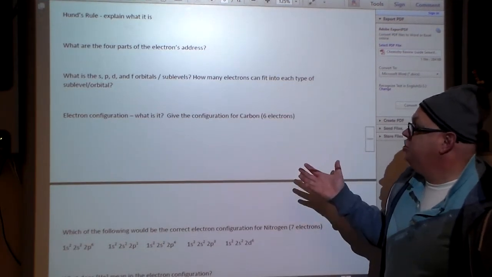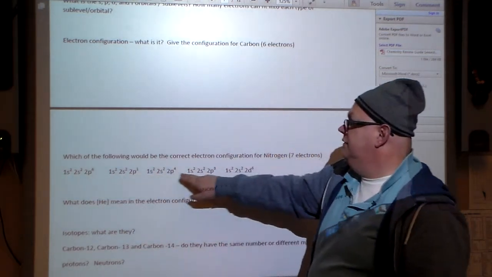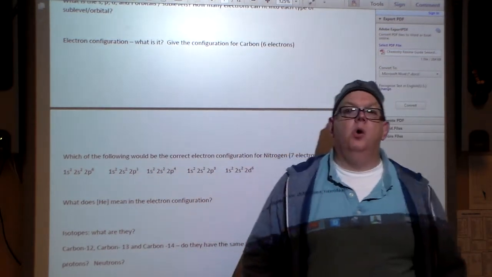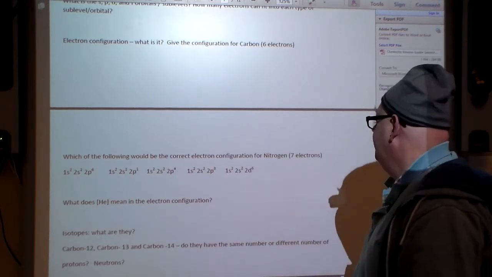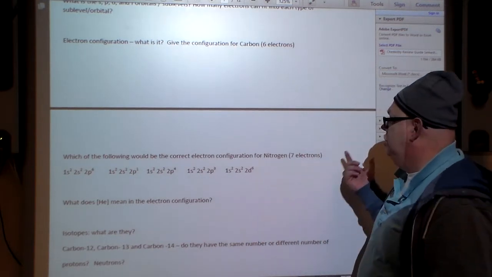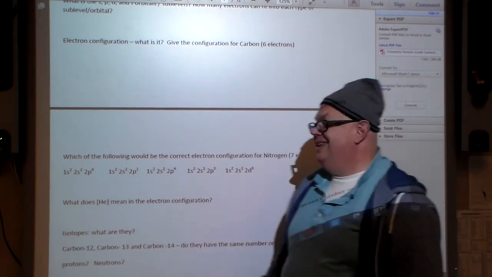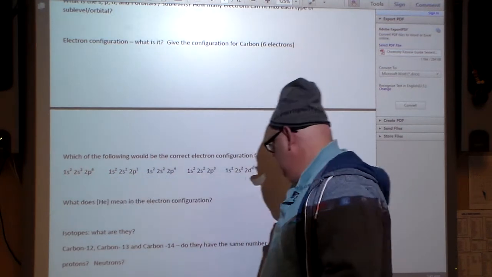Electron configuration, what does that look like? These are electron configurations in order, like 1s2, 2s2, 2p6, something like that. So in this case here, which of the following is correct for nitrogen, for 7 electrons, the easiest way to do this is look at the number up here, okay?